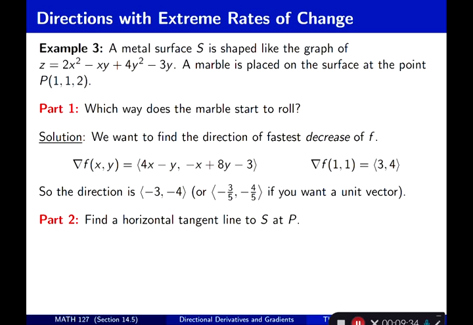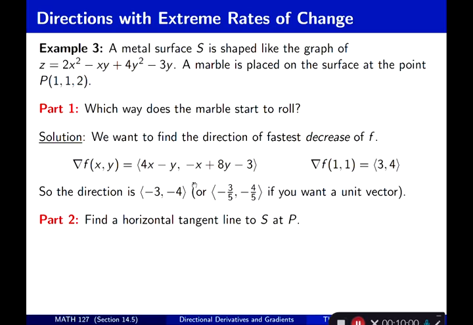That means the gradient of f is perpendicular to that direction, so we have to find it.